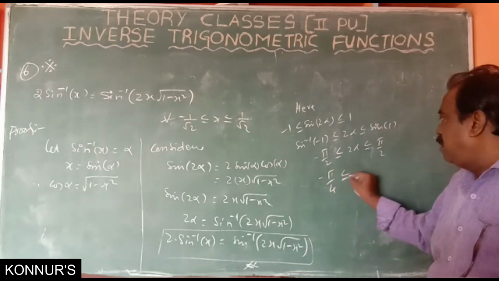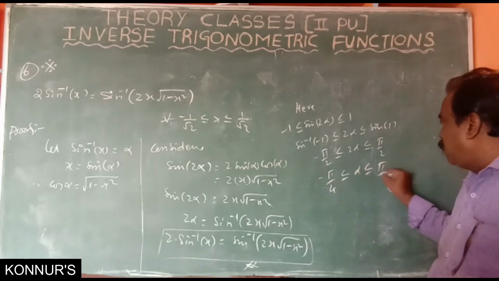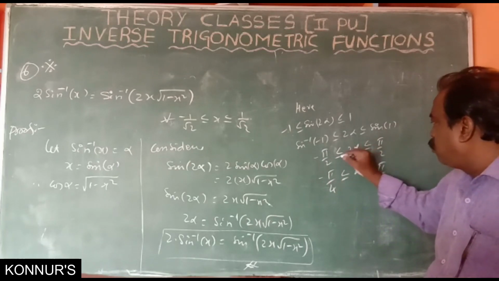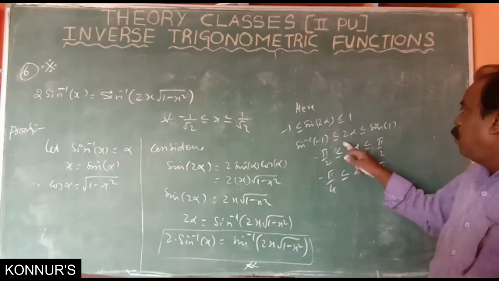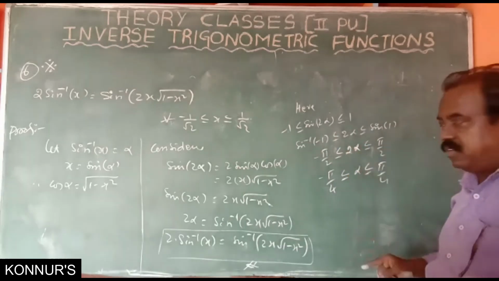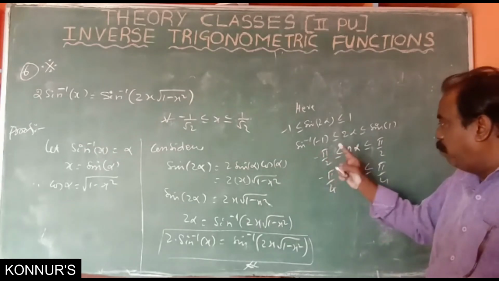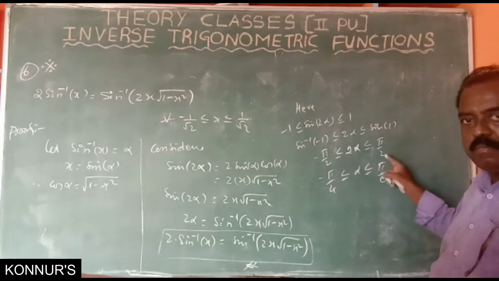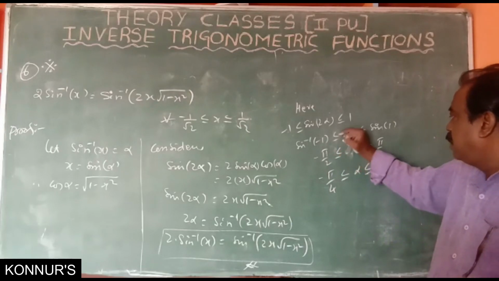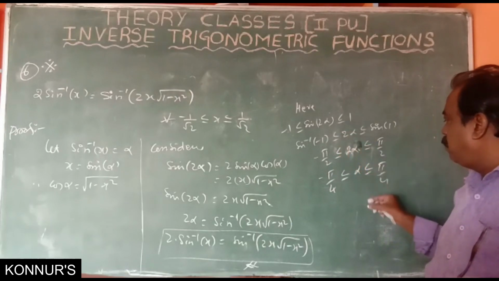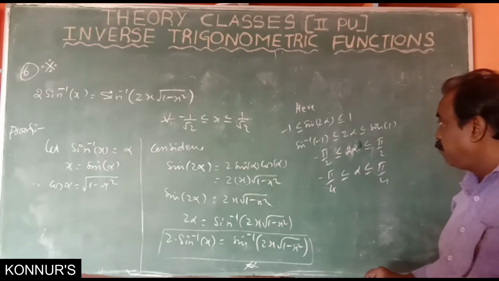So minus pi by 4 is less than or equal to alpha, less than or equal to pi by 4. Don't confuse, we are dividing on both sides by 2: pi by 2 by 2 is pi by 4, and 2 alpha by 2 is alpha.